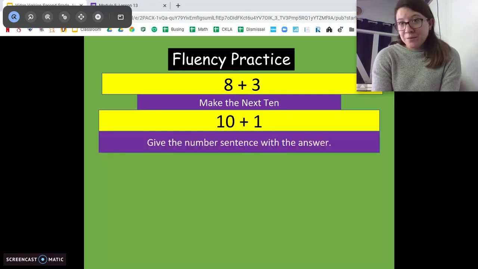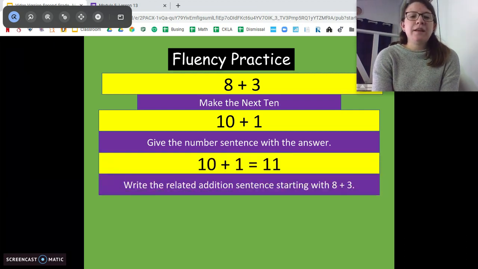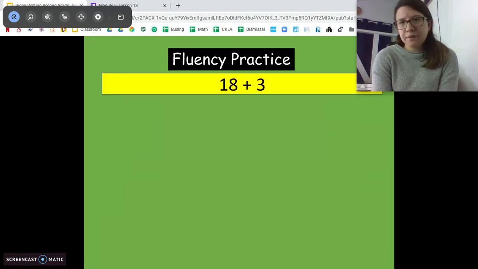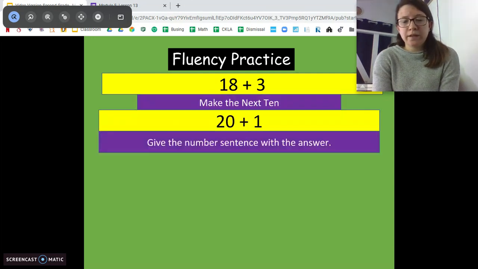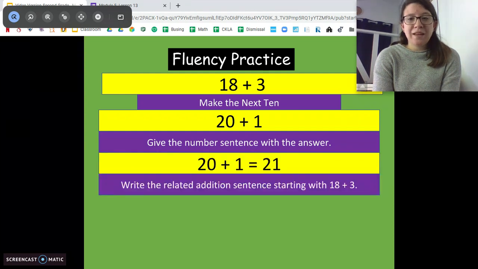Tell me the number sentence with the answer. Good. Now tell me 8 plus 3 equals... Good. 18 plus 3. Good. 20 plus 1. 20 plus 1 equals 21. Now tell me 18 plus 3 equals 21.